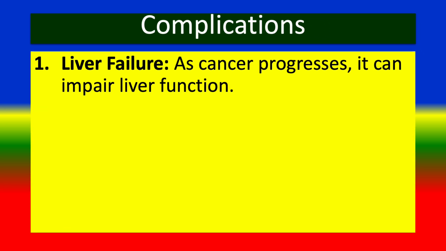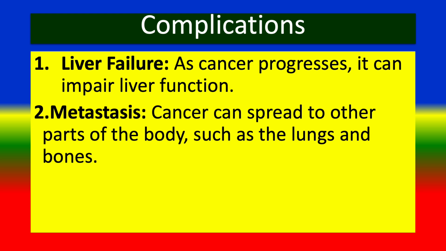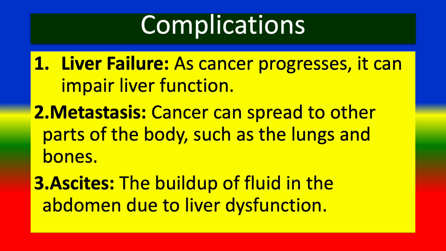Complications. 1. Liver failure. As cancer progresses, it can impair liver function. 2. Metastasis. Cancer can spread to other parts of the body such as the lungs and bones. 3. Ascites.